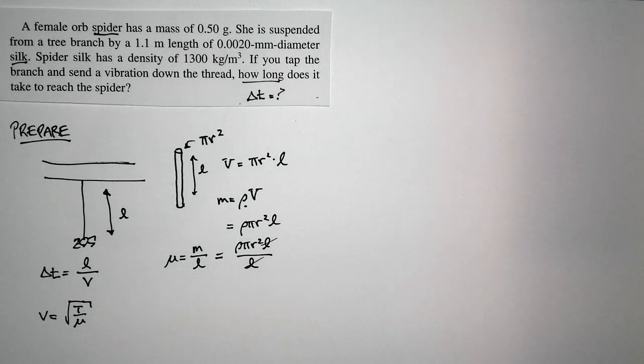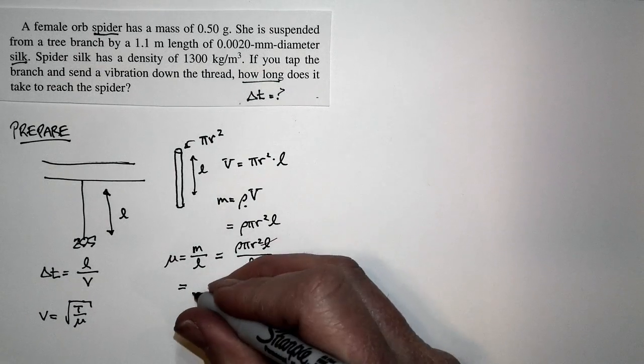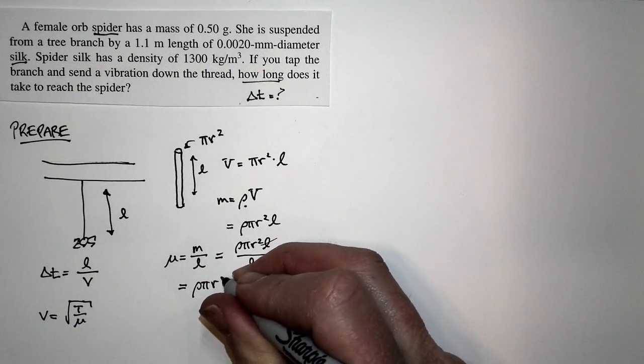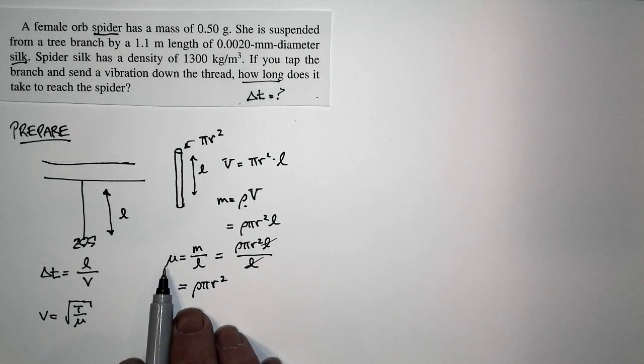This is independent of how long the particular piece of spider silk is. And that's just equal to rho times pi r squared.